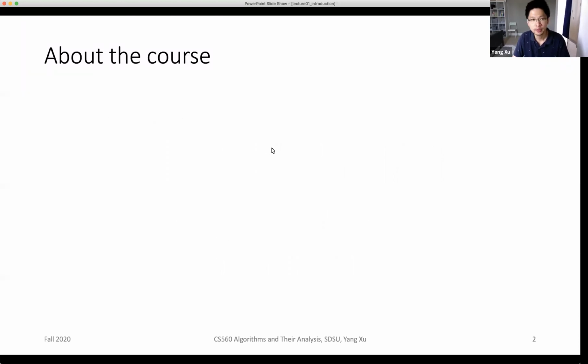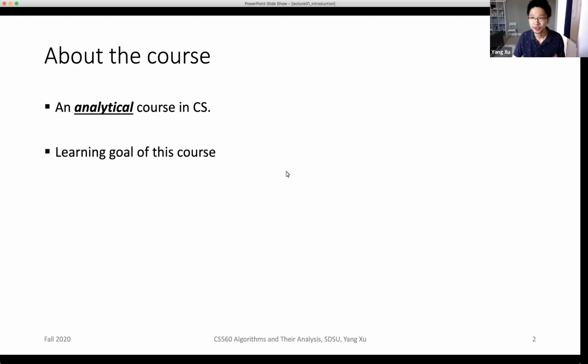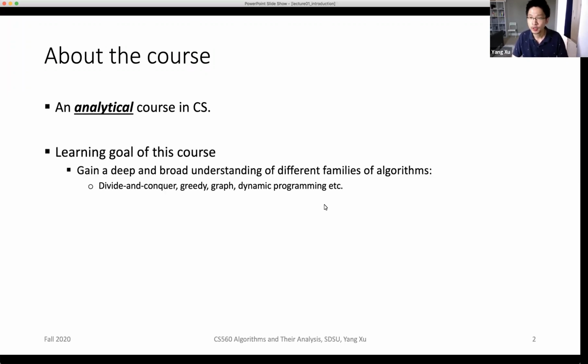Okay, so about this course, it's called Algorithms and Their Analysis. It's a very analytical course in computer science. The learning goal of this course is to gain a deep and a broad understanding of different kinds of algorithms.